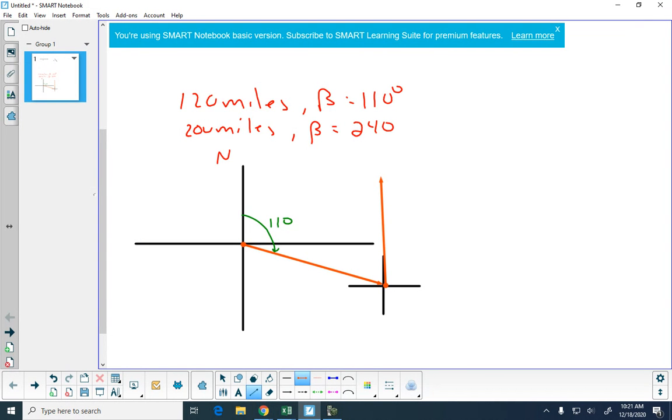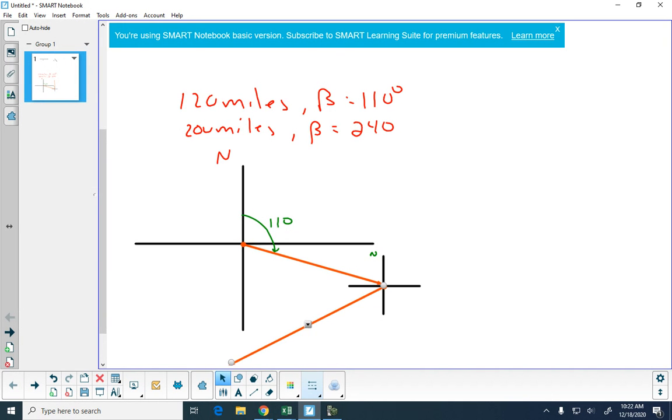This is our 0 degrees, our north reference, and we're going to rotate 240 degrees. This would be 90 degrees, this would be 180, this would be 270. So 240 is going to take me into here somewhere.